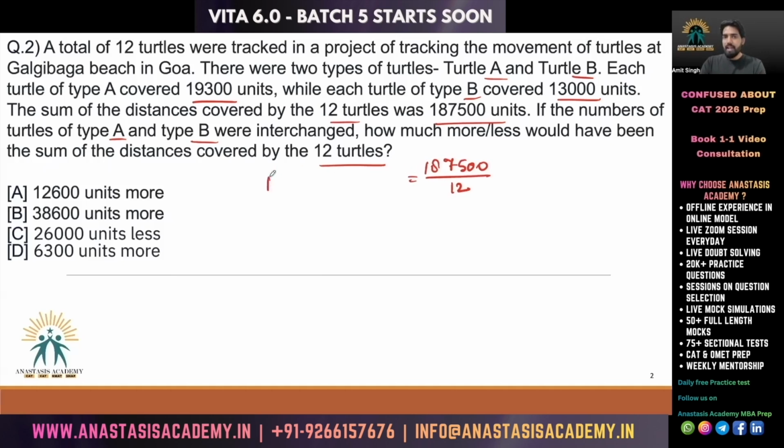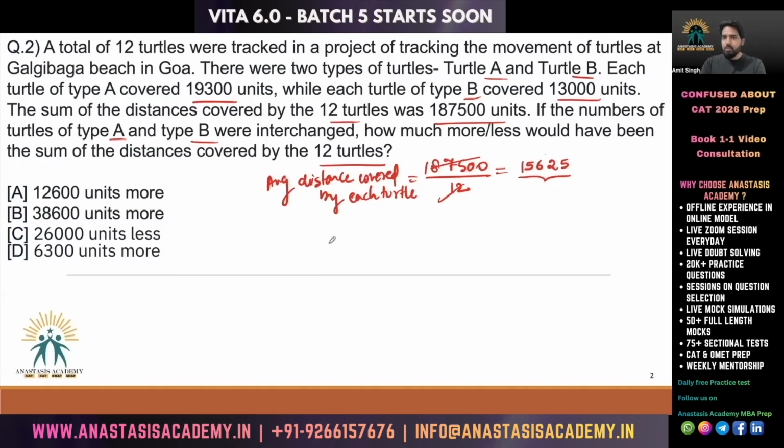So this would be the average distance covered by each turtle, right? 5 times is 60, so 6 times 72, 30, 2 times 24, and 5 times is 60. So this is the average units of distance covered by each turtle.